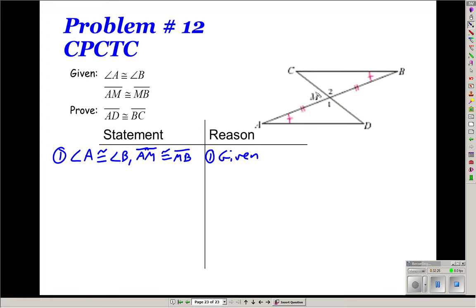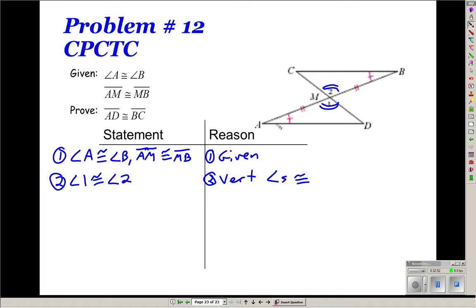That's a pair of sides and a pair of angles. That's not enough to say the triangles are congruent, but I do have vertical angles. So I can say that those are marked angle 1 and angle 2. So I can say that angle 1 is congruent to angle 2 because vertical angles are congruent.